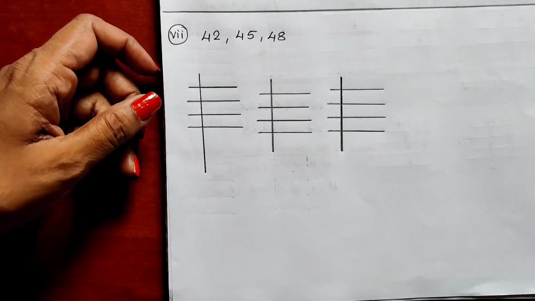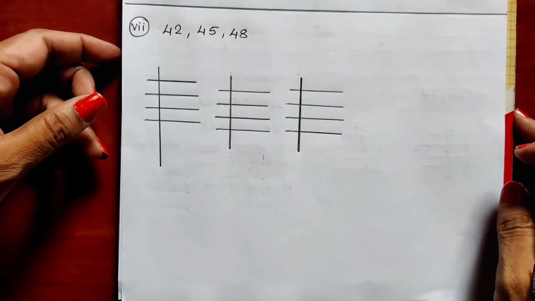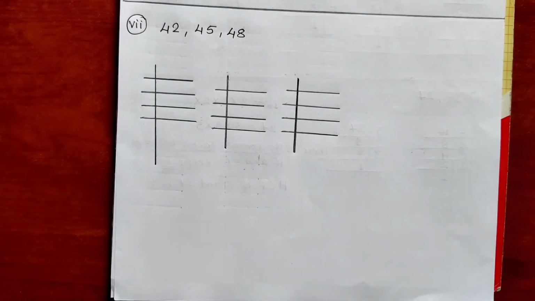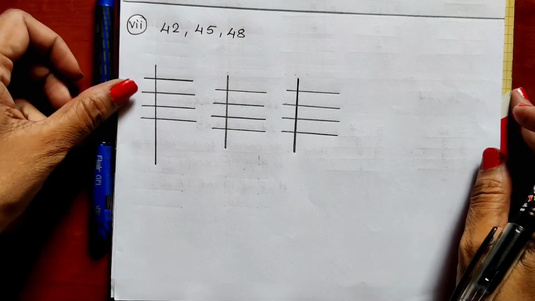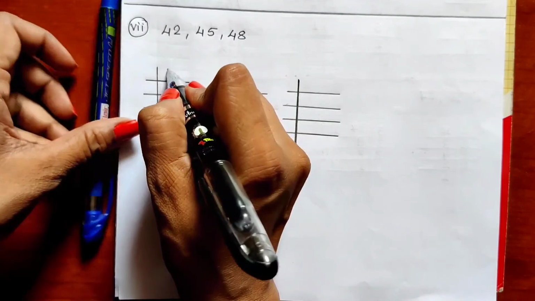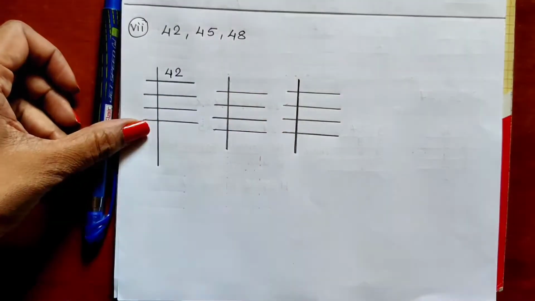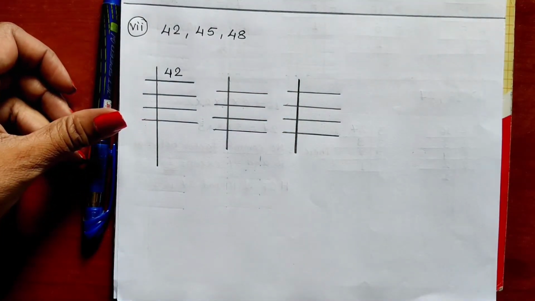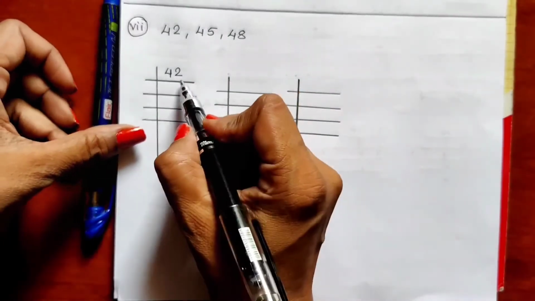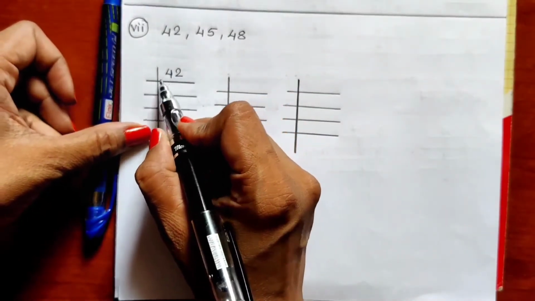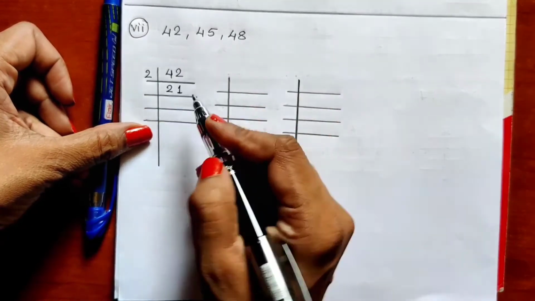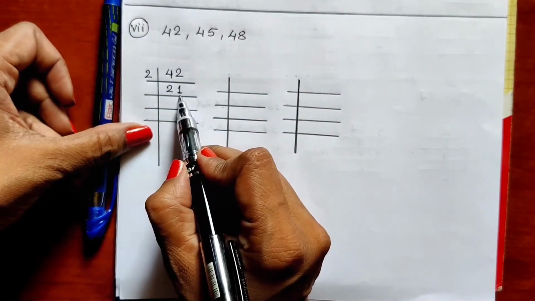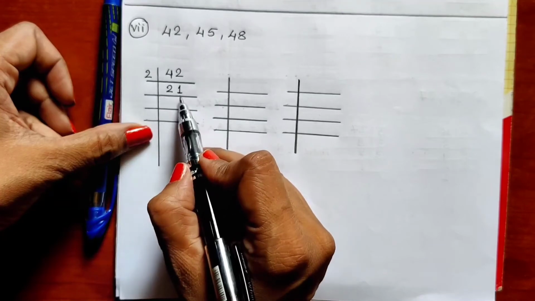Now some more, we have got 3 numbers again. To find the GCF of 3 numbers, again we will be finding out prime factors of each of these numbers. So first we will find out prime factors of 42. 2 is in the unit place, that means this number is divisible by 2. 2 2s are 4, 2 1s are 2. 21, 1 we got in the unit place, this is not an even number, this is an odd number.